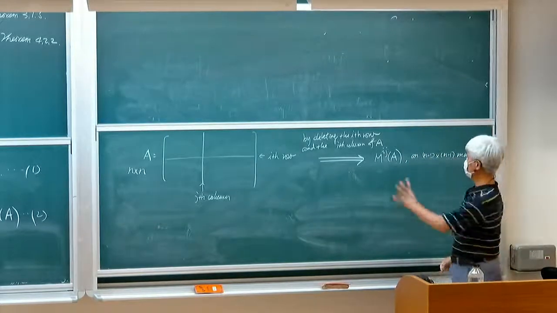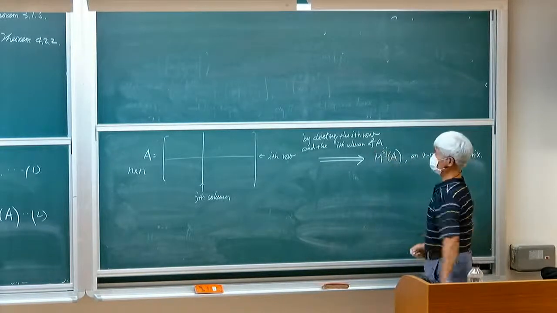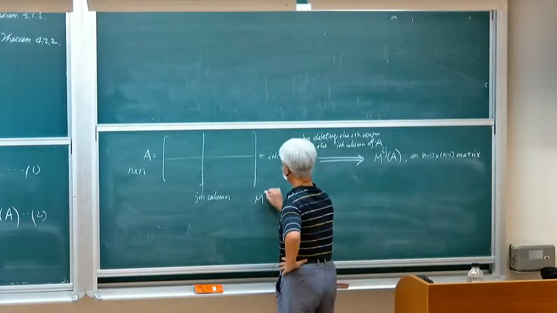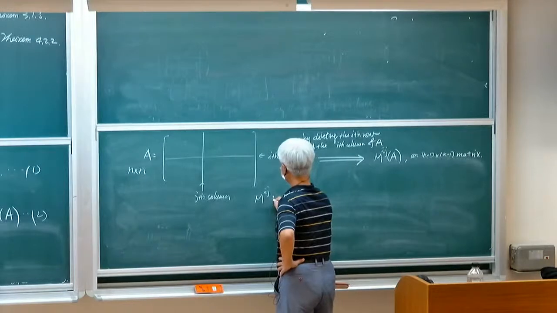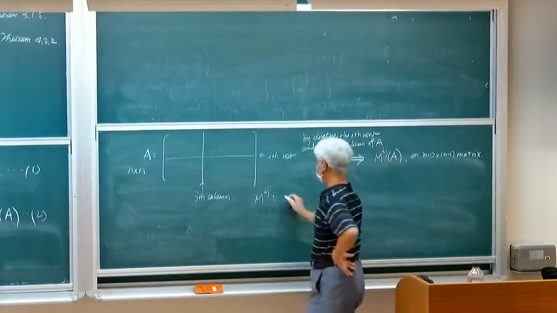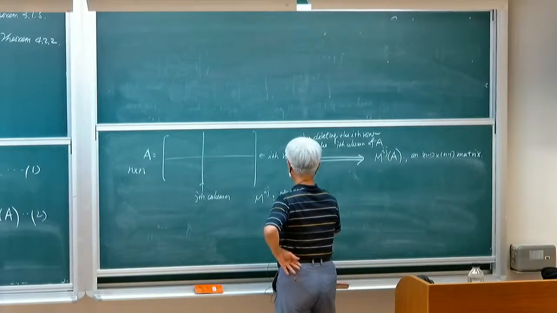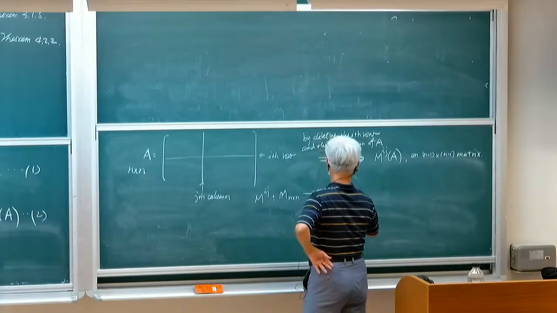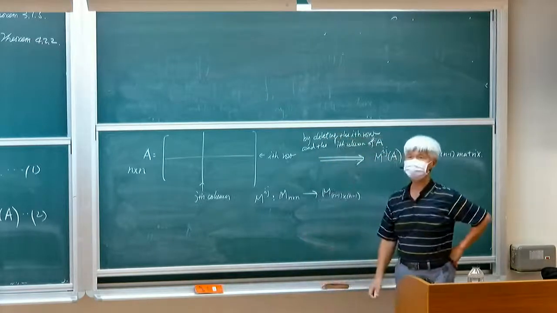So you can look at Mij as an operator. Mij is a function from n times n matrices to n-1 times n-1 matrices. Is that okay?